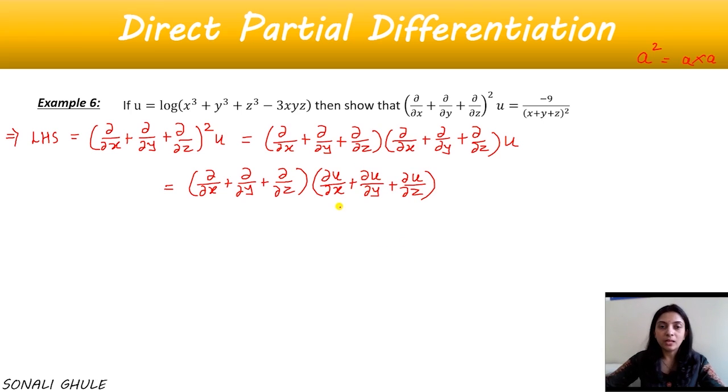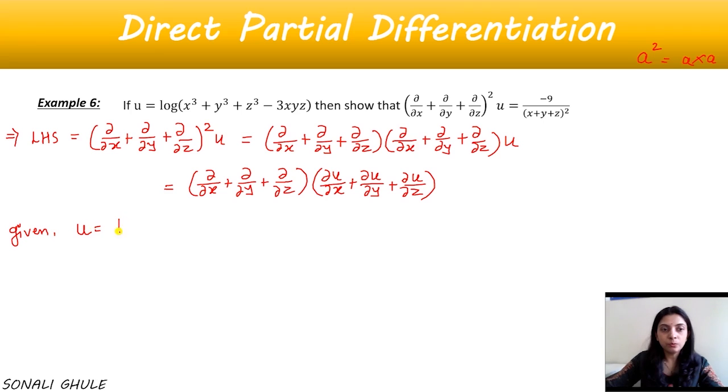Okay, so now it is clear to me that we have to find all these derivatives of u with respect to x, y and z, right? So finding all these derivatives of u with respect to x, y and z, we have function u. Write down a given part here.